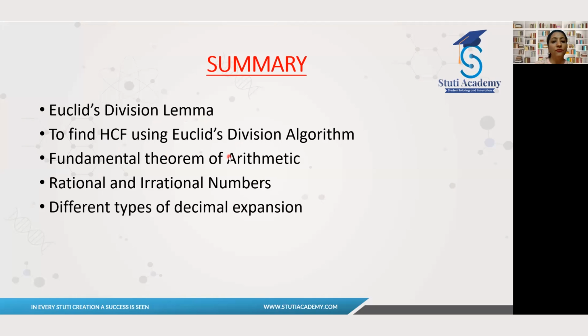We've also learned the fundamental theorem of arithmetic, which says that any composite number can be expressed as a product of prime numbers, and that prime factorization is unique, but we can vary the order of the prime factors.